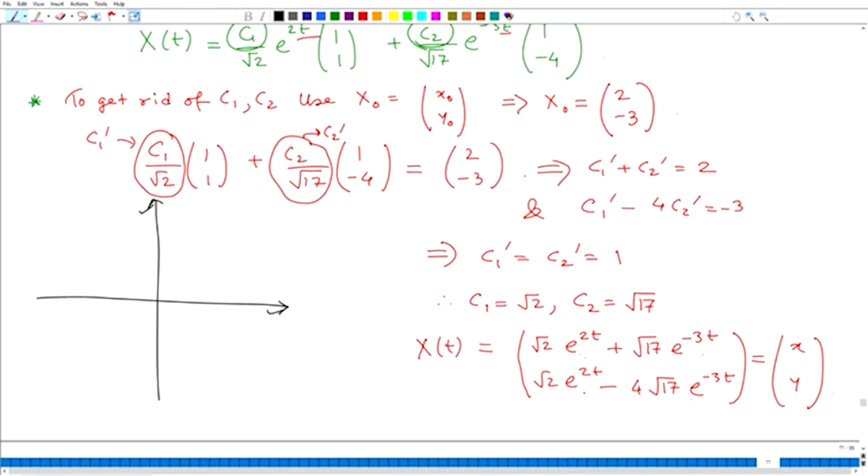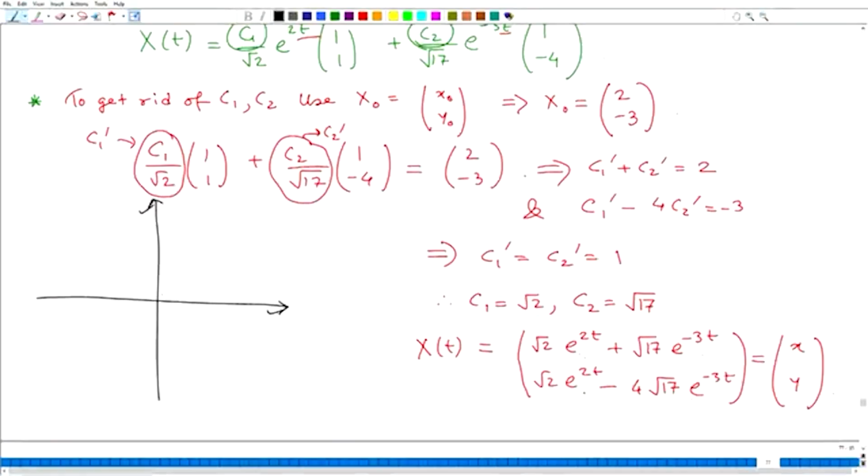On the other hand, here the hyperbolae are taking the eigenvector directions to be their axes. Let us say one eigenvector was like this, (1, 1), and another one was (1, −4), that can be given by this. And now the hyperbolae will be simply given by this type of curve.